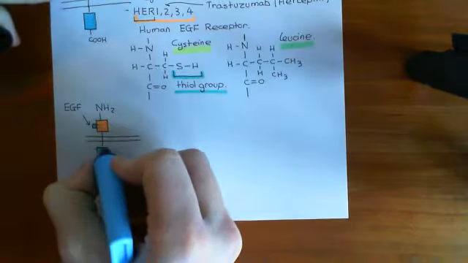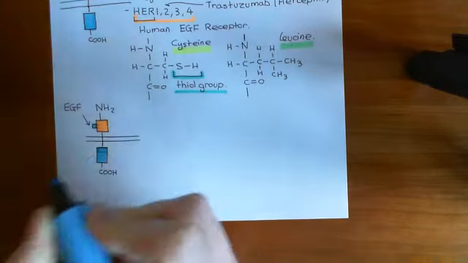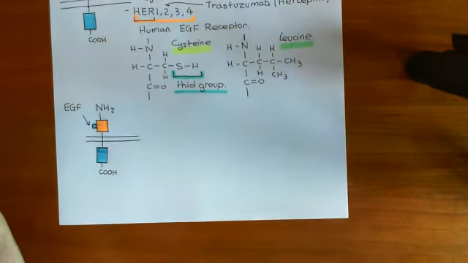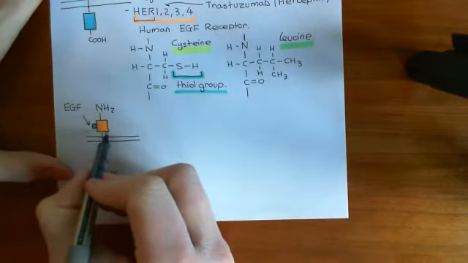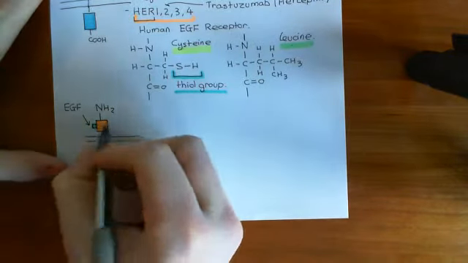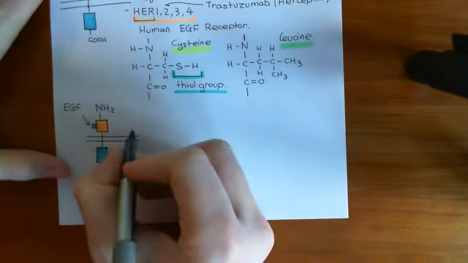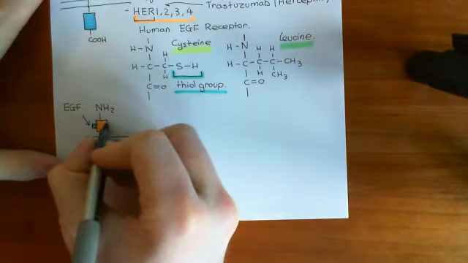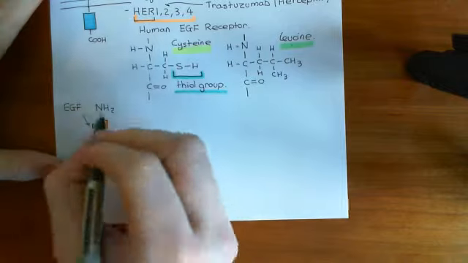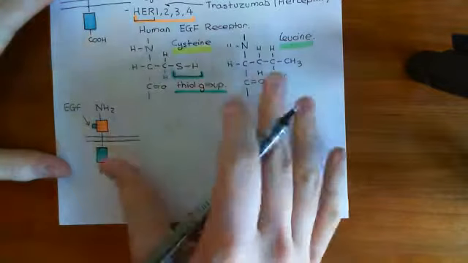Now, what happens when the ligand binds to the ligand binding domain is that the receptor tyrosine kinase undergoes a conformational change, which is specifically in this ligand binding domain region, and this now means that this ligand binding domain can dimerize with another ligand binding domain on another receptor tyrosine kinase. Now, this dimerization has to be between 2 receptor tyrosine kinases that are in the same family.